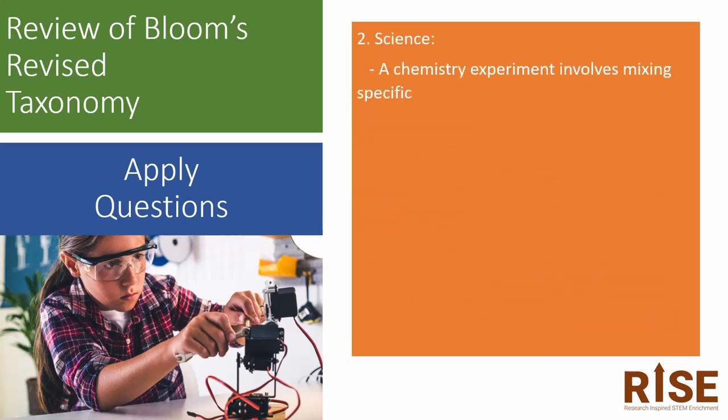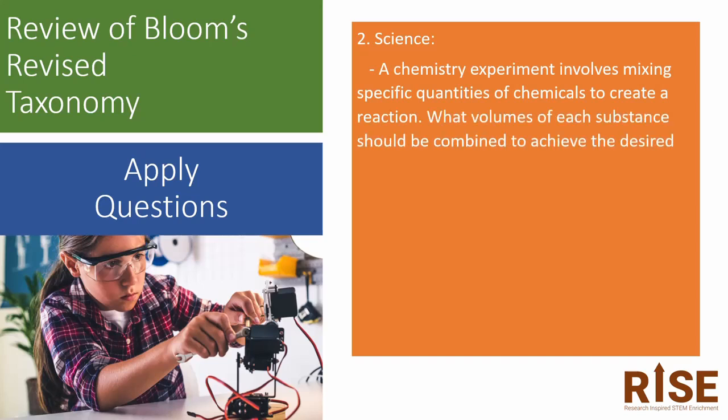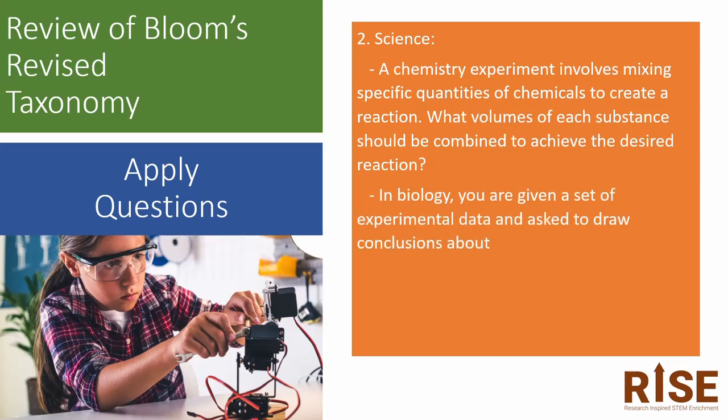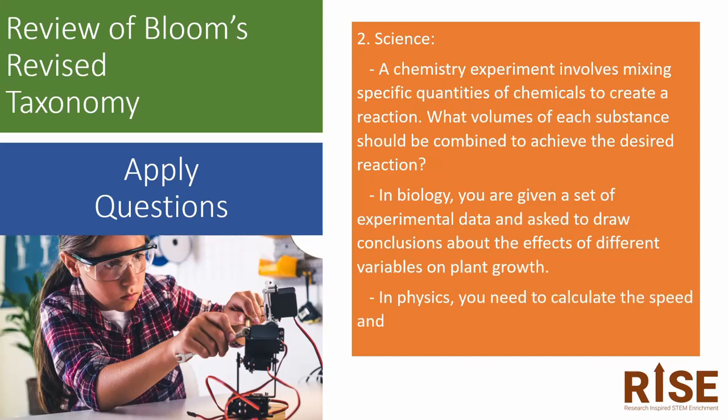In science, ask questions such as, a chemistry experiment involves mixing specific quantities of chemicals to create a reaction. What volume of each substance should be combined to achieve the desired reaction? In biology, you're given a set of experimental data and asked to draw conclusions about the effects of different variables on plant growth.